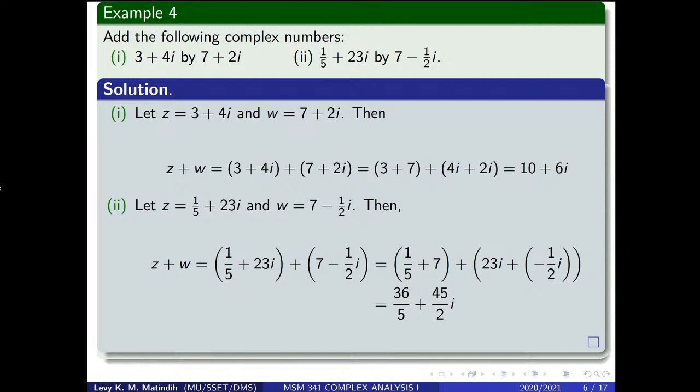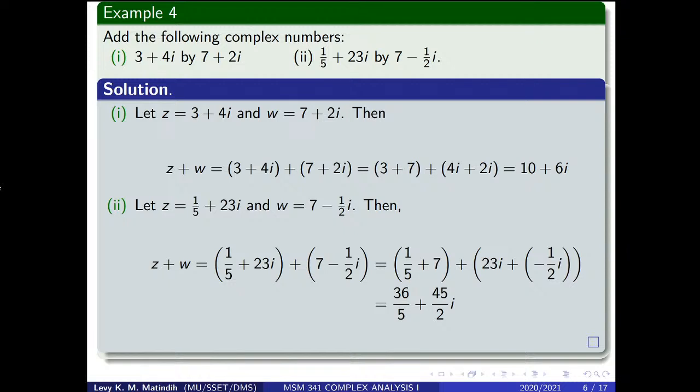The first, Roman numeral 1, is 3 plus 4i and 7 plus 2i. The second one is 1/5 plus 3/23 i and 7 minus half of i. So they are asking us to add these two complex numbers in part 1 and also the two in part 2. We are going to look at part 1 because part 2 is the same concept.